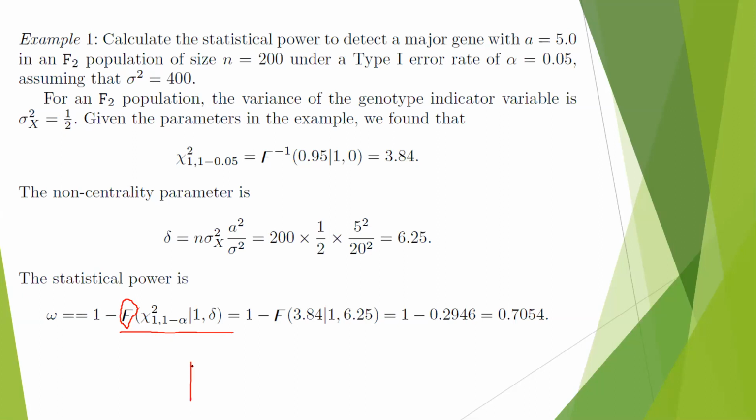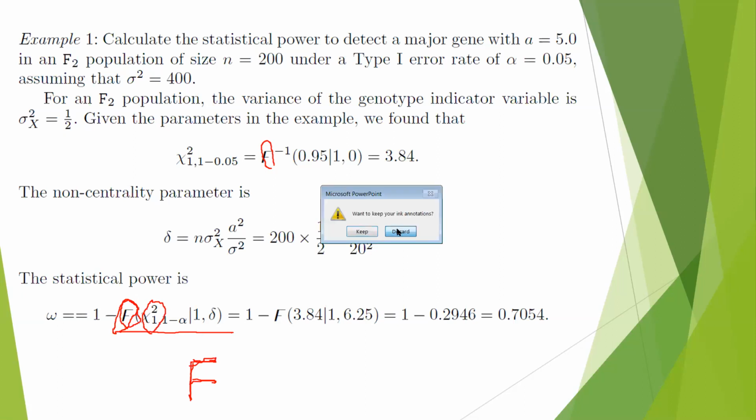Different textbooks use different styles. Here, the F is not the F distribution, it's a function, and we put a minus here, which means an inverse function. So we are actually talking about a chi-square distribution here.